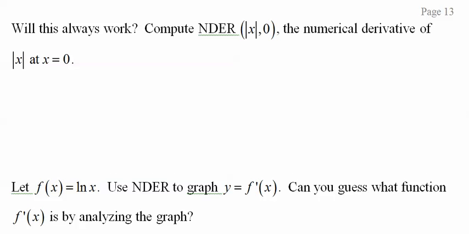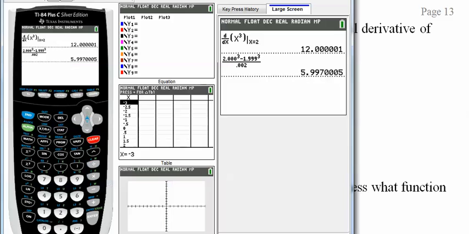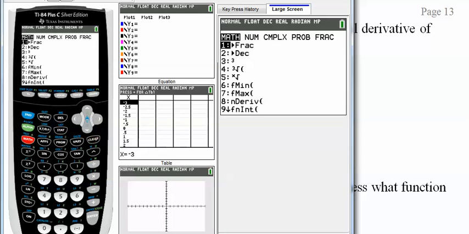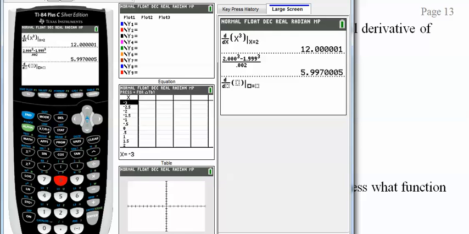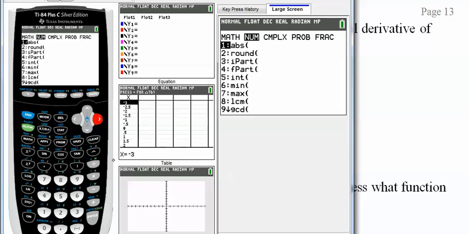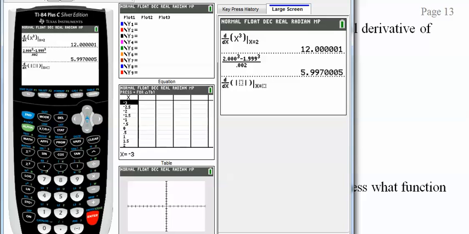So will this always work? Well, we can do this for absolute value. Math 8, derivative with respect to x, math over 1, absolute value of x, at 0. And it gives us 0.